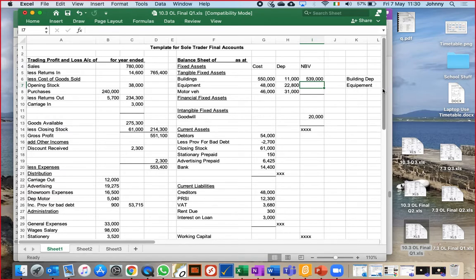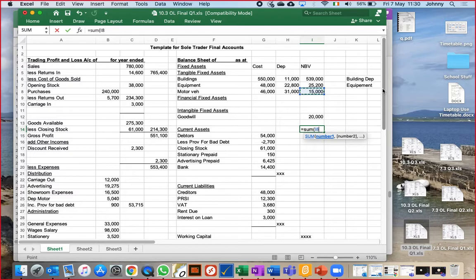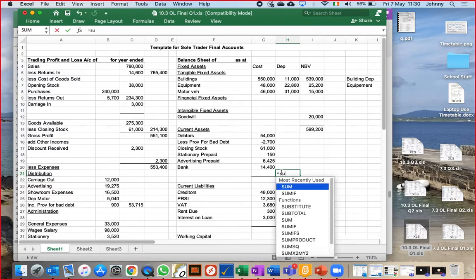So I'm just going to start into my fixed assets. For my tangible fixed assets, I subtract the depreciation from my cost to get my net book value. I'll do the same for all of my fixed assets. And then I'll add on my intangible fixed asset, goodwill, and I'll get a total figure. I'll add up my current assets.